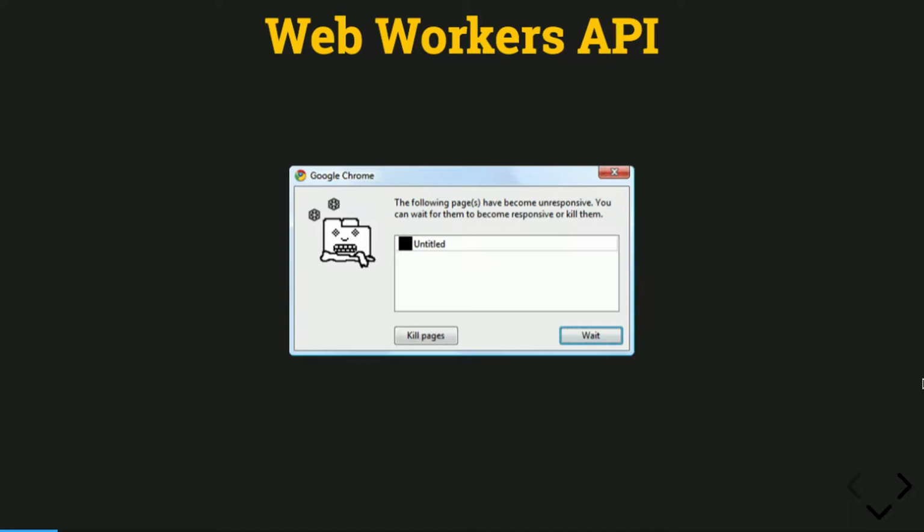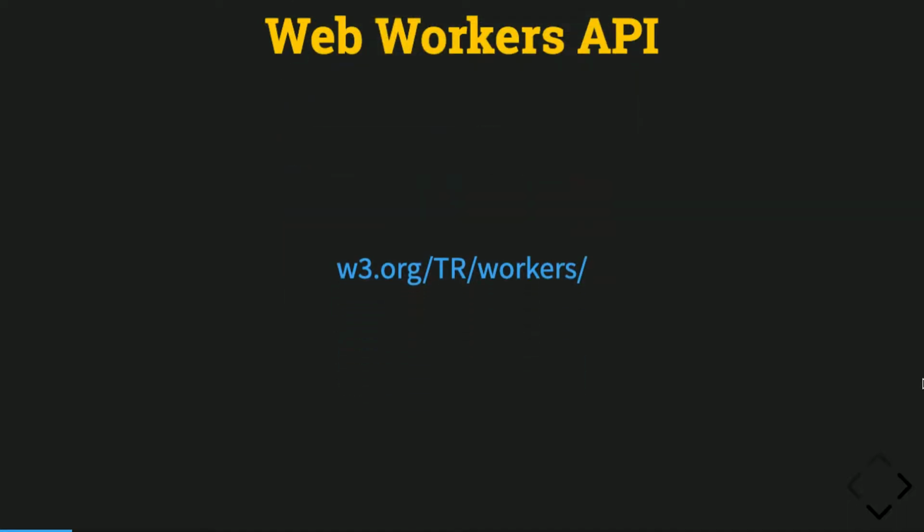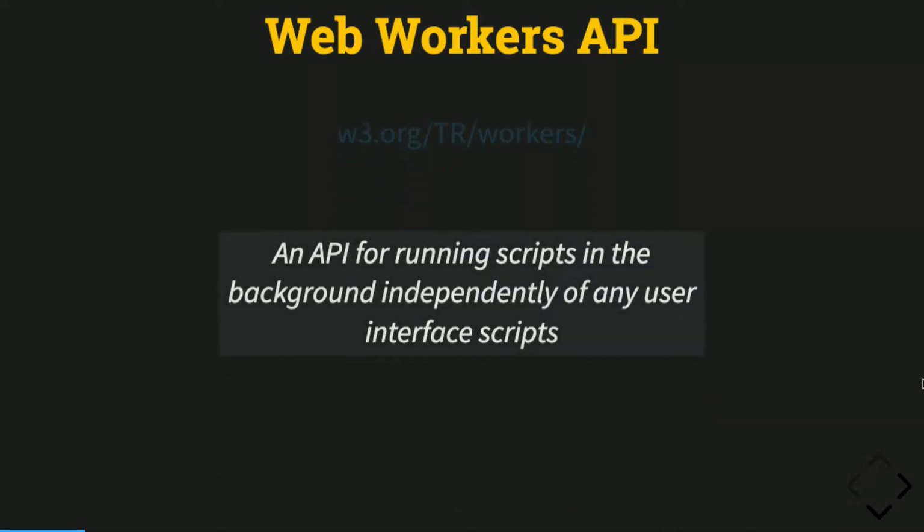You'd get these: the website has become unresponsive. I was actually looking for an Internet Explorer version of this. I didn't get one, but you've all seen something like this before, right? With a JavaScript error. That's the kind of thing that the Web Workers API was set up to address.